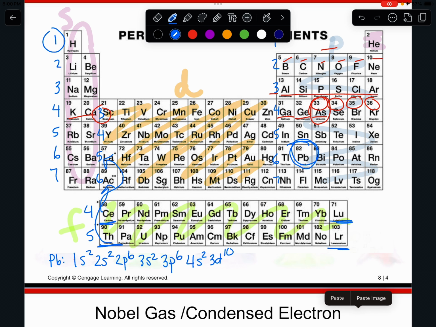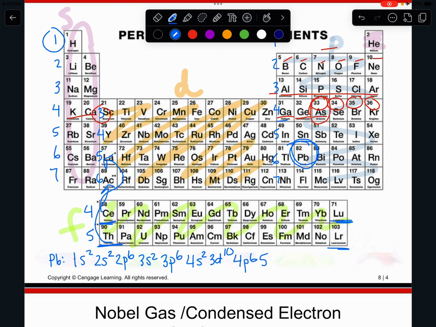4s2, 3d10, then you pop back to 4p6, then we're heading down to 5s2, the d's are always one number less than the period they're in, 4d10, 5p6. Now this is where it gets a little funky, so 6s2.